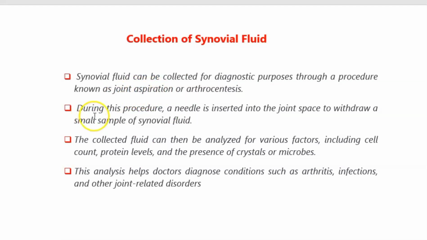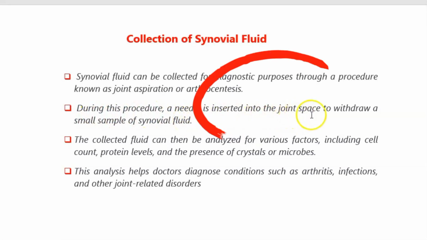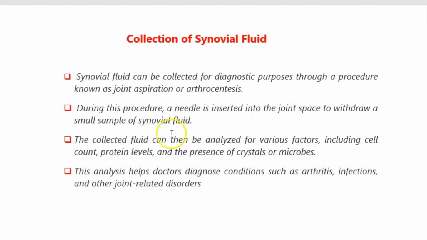Now, this is the explanation of the procedure. During this procedure, a needle is inserted into the joint space to withdraw a small sample of synovial fluid. Now, the procedure continues.